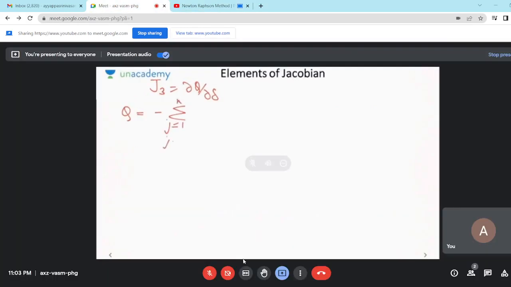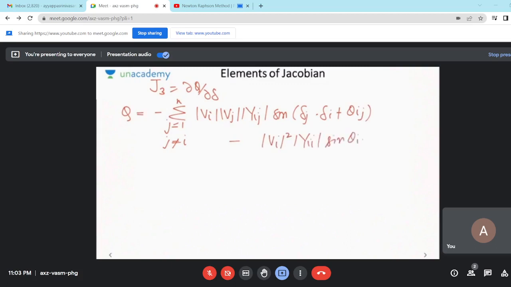Let me separate the ith term: mod Vi mod Vj mod Yij sine of delta j minus delta i plus theta ij, minus mod Vi square mod Yii sine of theta ii.